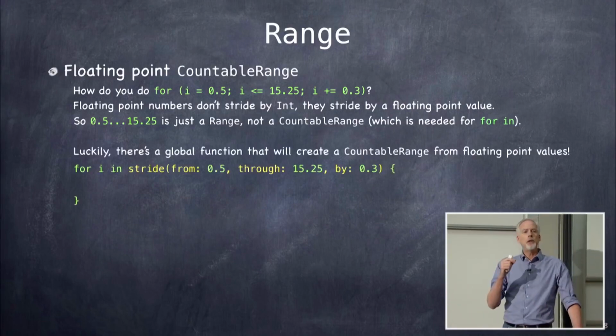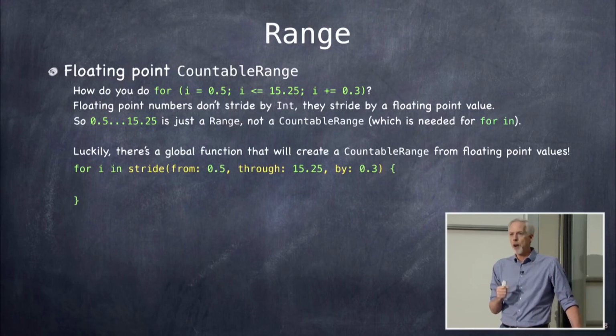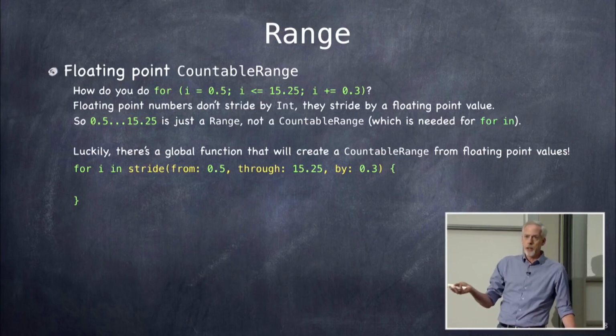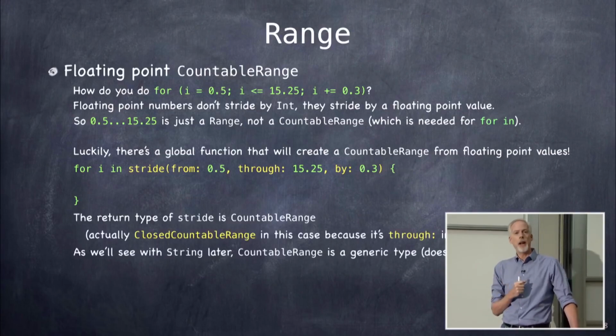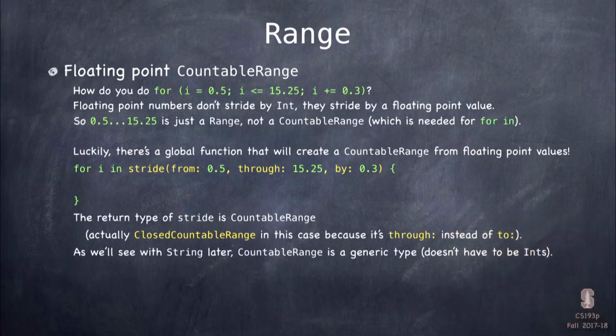So the way we do that is using a global function called stride. Okay? Stride has from, through, or from and to, depending on whether you're going to include the last thing, and a by, which tells what it strides by. Stride is a function that creates a countable range. Okay? Countable range is a generic type, like array is a generic type. It can count over not just ints, it could count over floats, it can even count over indexes into a string, all kinds of things.